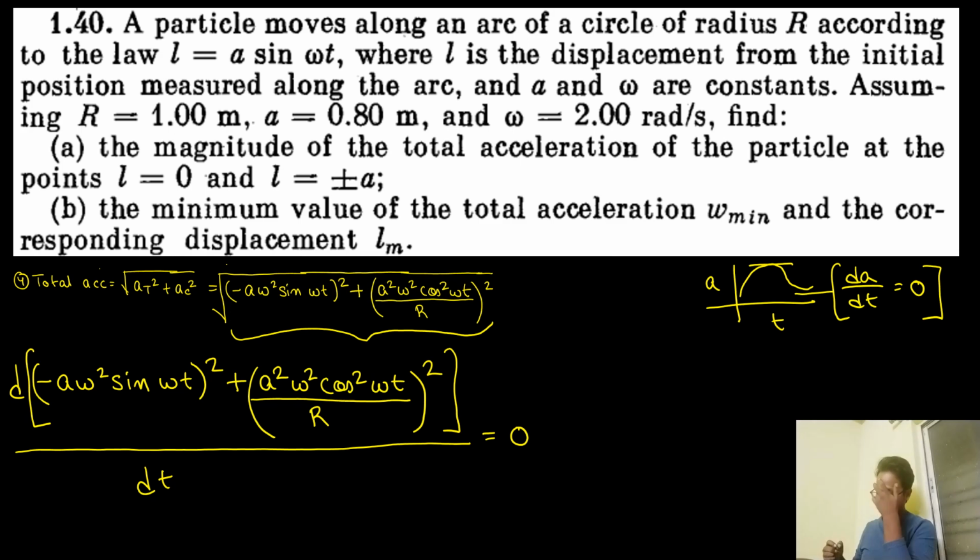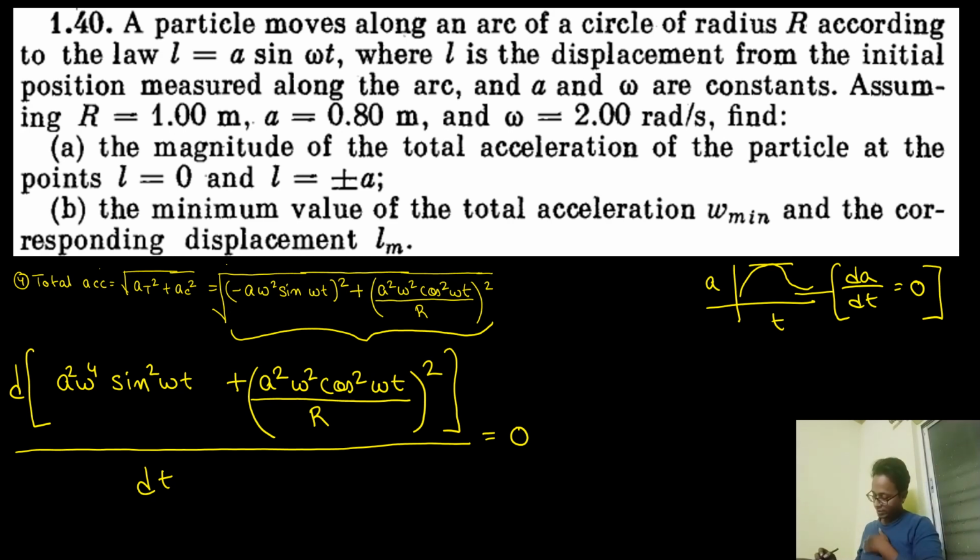Instead of making the sum lengthy, let us simplify here only. Minus whole square would be positive. A omega square whole square is nothing but a square omega to the power 4. So I'm removing this, and a square omega to the power 4 sine square omega t. So I have simplified this one.